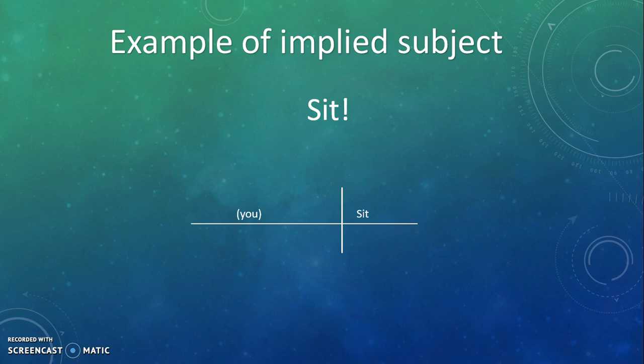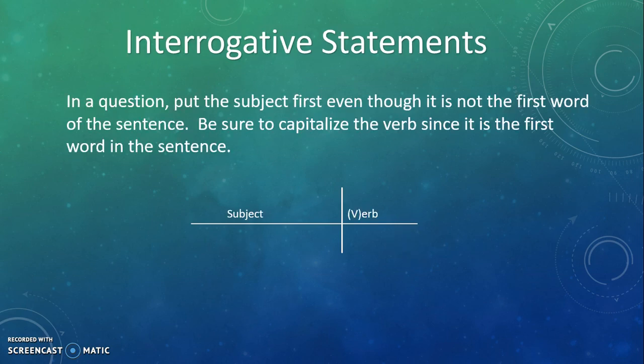Now, along with imperative sentences, you also have interrogative statements. And so when you have an interrogative statement, you know that you put the subject first, even though it's not the first word in the sentence. We do this when we're finding the hidden subject, and you do that when you're diagramming a sentence. So you have to capitalize the verb since it's the first word in the sentence, so this should actually be a small s. Sorry about that. Subject, verb. This is what it looks like.